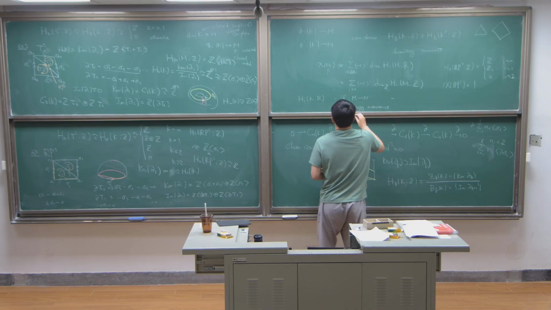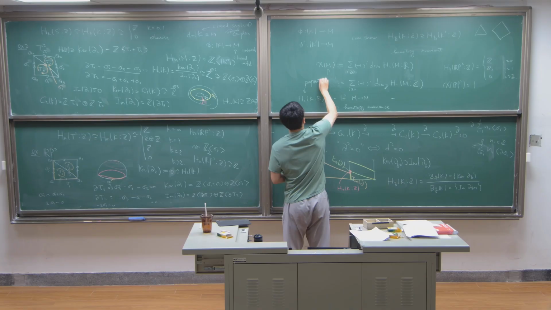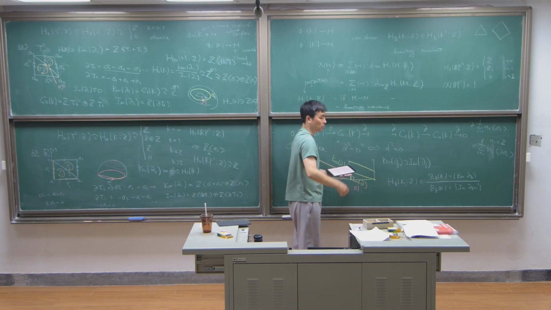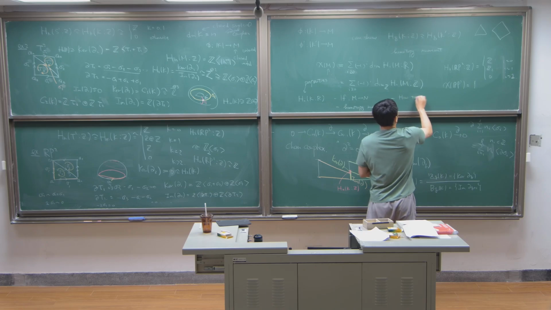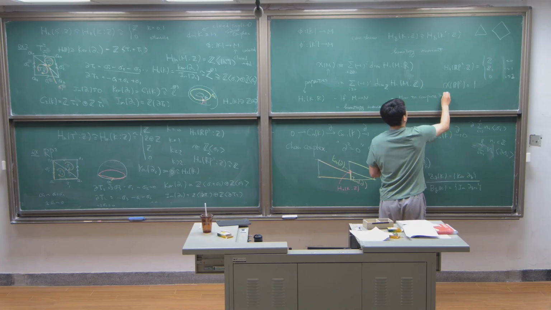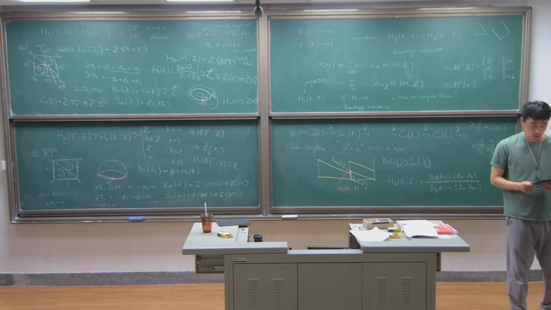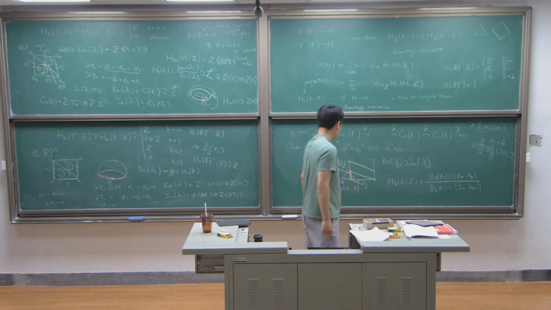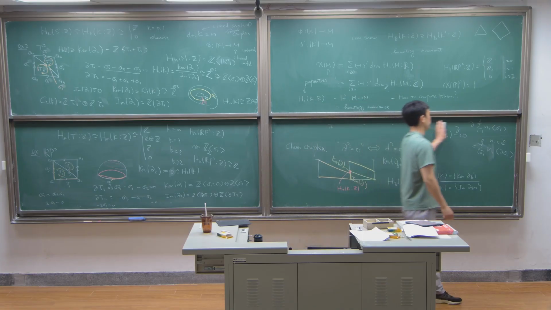So we need to consider the properties of this one: how it behaves under the map, what the homology invariance is, and how to compute. That's a question we will ask. That's a very natural question, and we need to answer it.